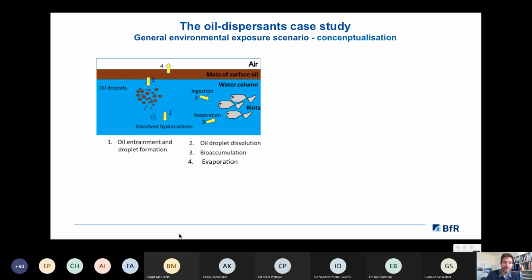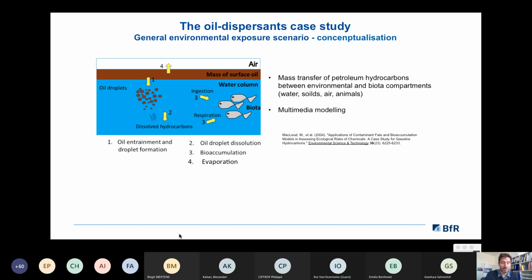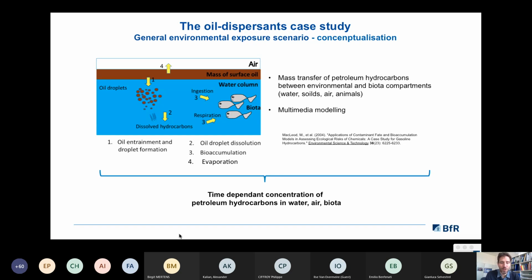So we had to include in the model new modules which allowed for simulation of the oil droplet formation and for the oil dissolution from droplets or from the surface area. And these multimedia model modules were developed during this project to put forward this dispersant case study.